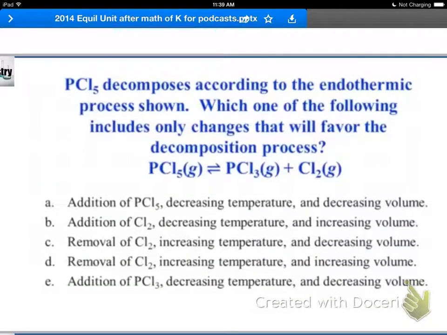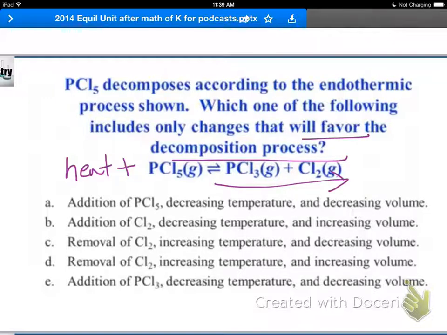Okay, so let's look at a couple of examples. Here we have PCl5 decomposing according to the endothermic process. So we're going to put heat on the left as a reactant. Which one of the following includes only changes that will favor decomposition? Decomposition means shift right. Okay, so let's take a look at these one at a time. If I add PCl5, I'm adding concentration here.